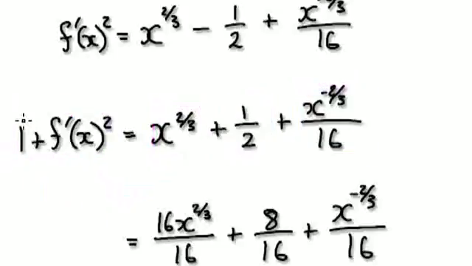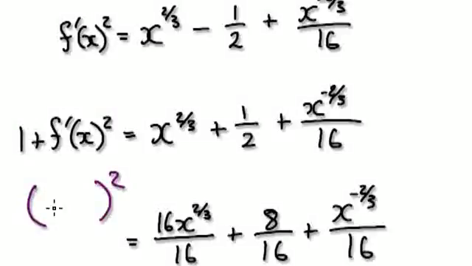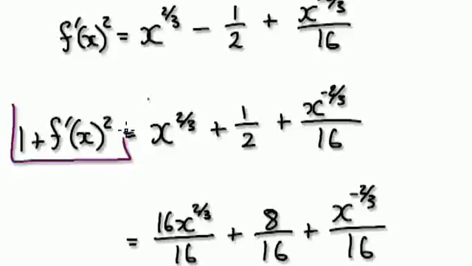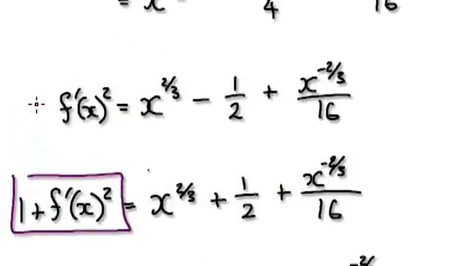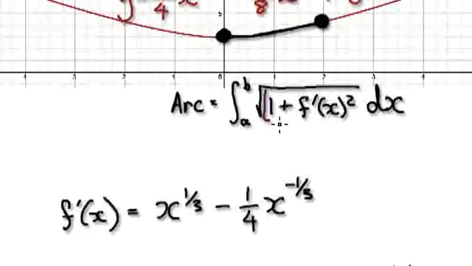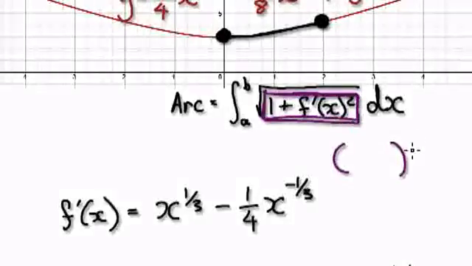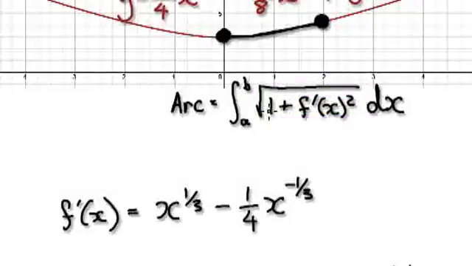Currently we've got this, but we need to write it in the form of something squared. Later on we need to square root it, so rewrite this thing here as something squared, so that later on it will be really easy to square root it.